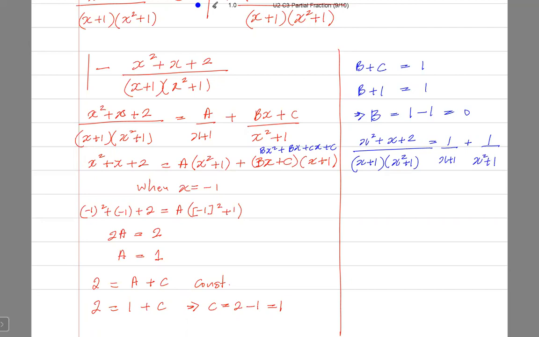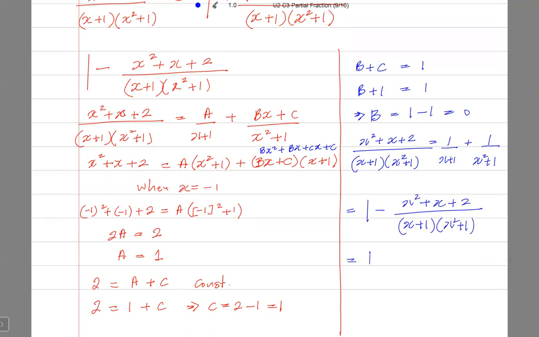But it's not finished, because remember the entire thing was 1 minus x squared plus x plus 2 over x plus 1 into x squared plus 1.